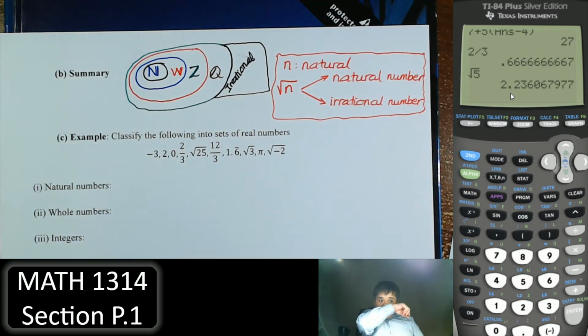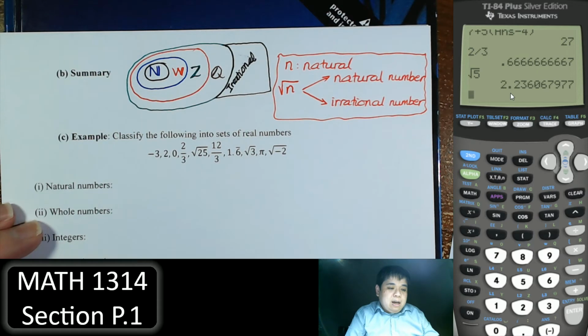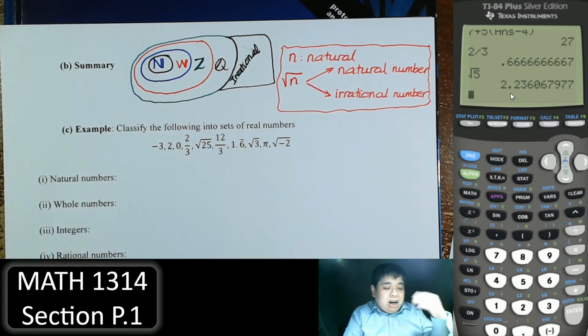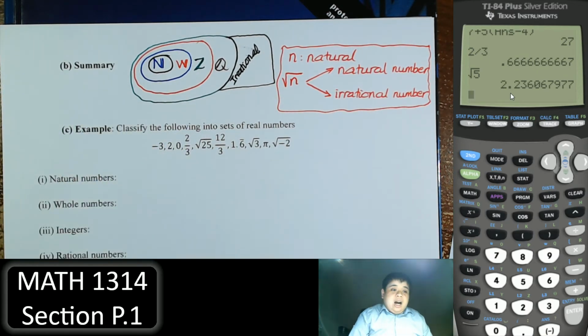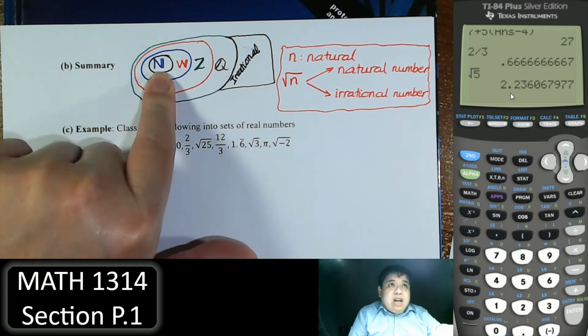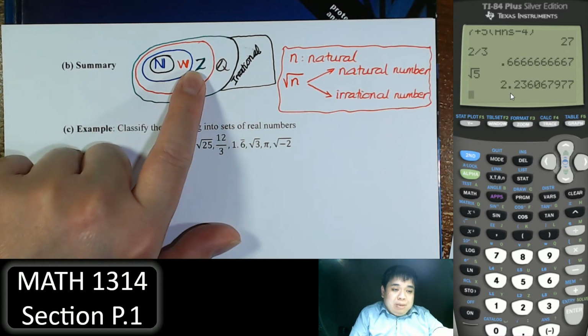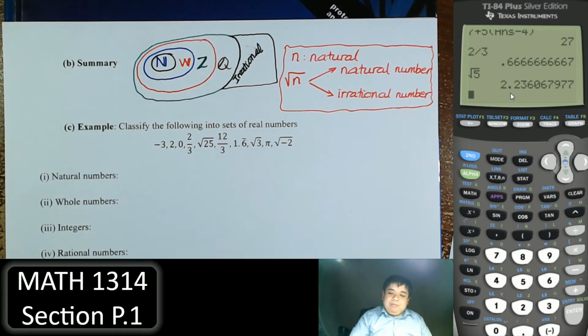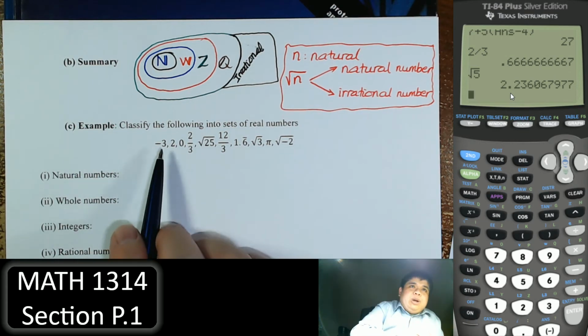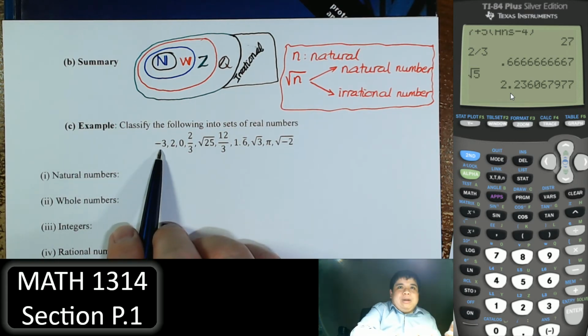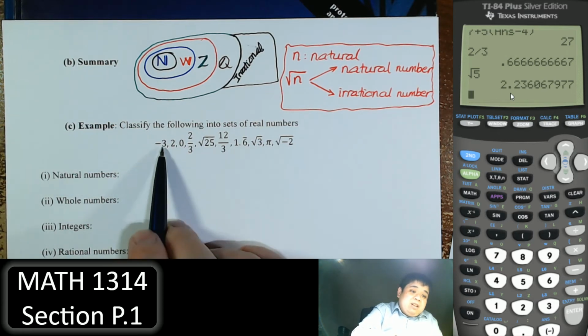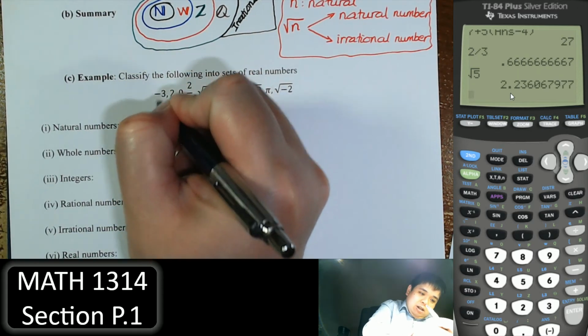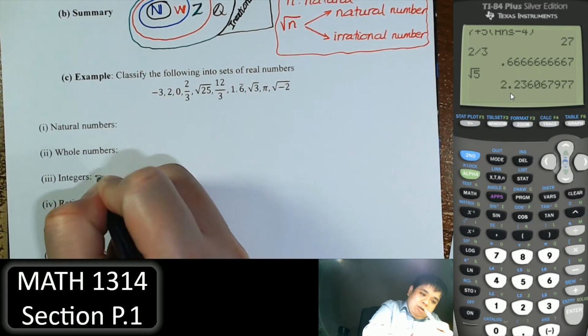Right. Now let's go look at this example. Now we classify these numbers into the sets. Remember, anything in natural numbers will belong to the bigger set and the bigger set and the bigger set. Right. So let's look. -3. -3 cannot be a counting number. Counting numbers don't have negatives. Right. Also whole numbers don't have negatives either. But -3 is an integer.